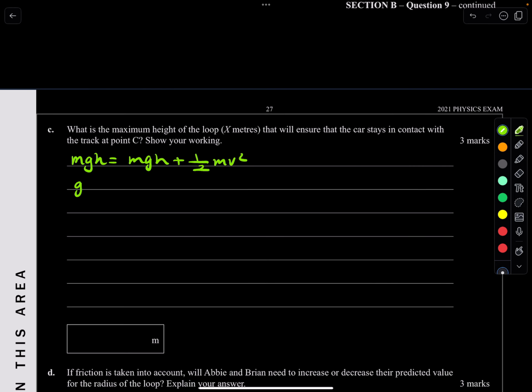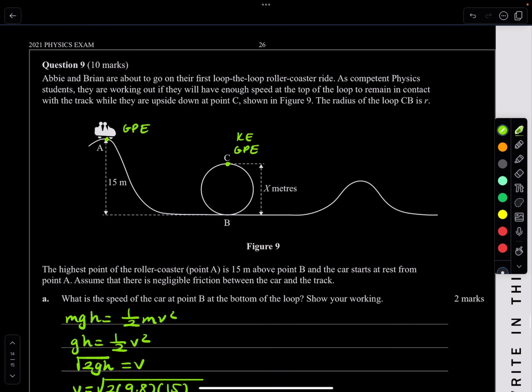So the m's cancel out, so it's just gh equals gh plus half v squared. This h in this case is 15. This h here is the height of this here, which is x meters.